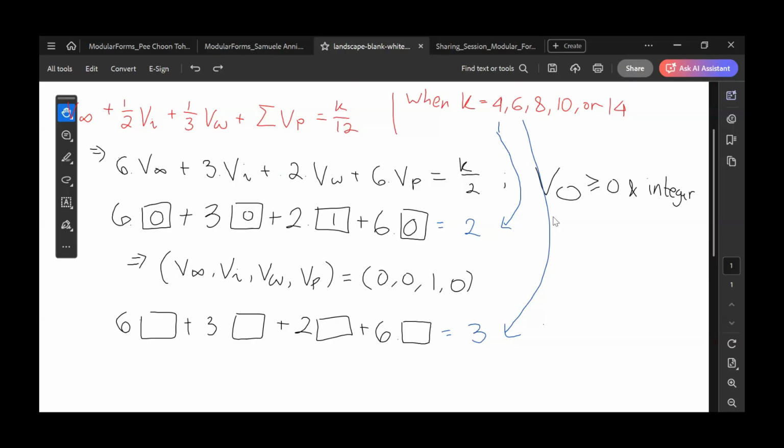The only way this can happen is if we use 0, 1, 0, 0.